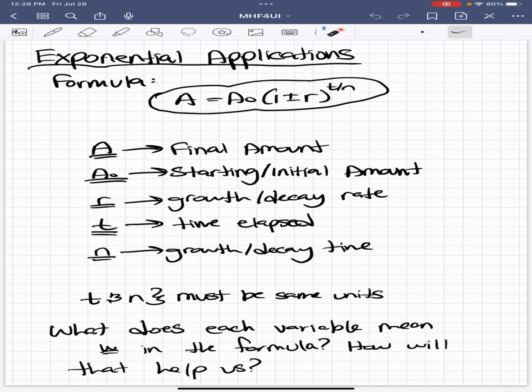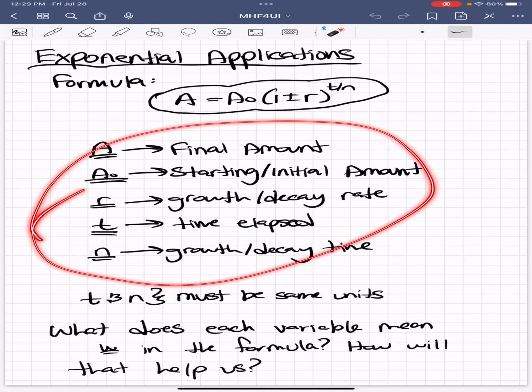So what does each variable mean within the formula, and how is that going to help us? Well, if we know what each one stands for or means, we'll have a much better understanding of how to solve for exponential applications. So I'll give you a moment to write this down.